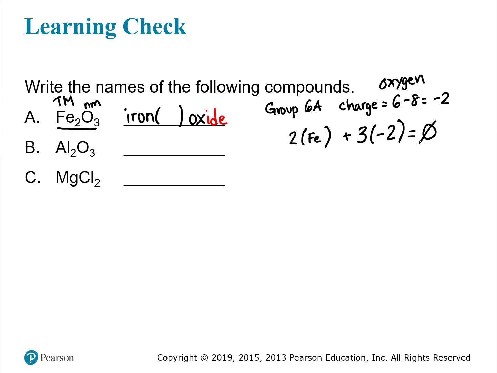And our overall charge has to be 0. The charge from our oxygen is -6. We've got 3 of them. They each have a -2 charge.